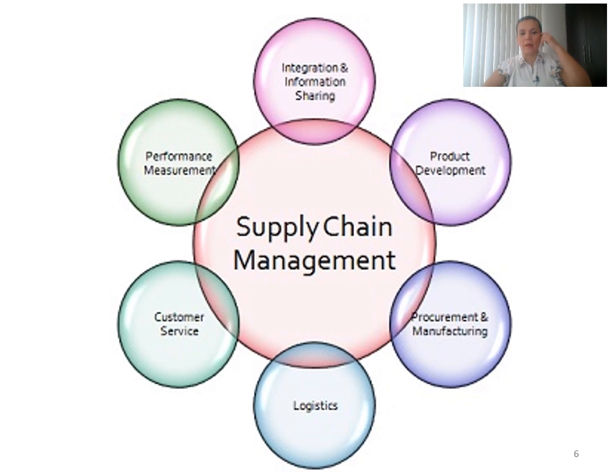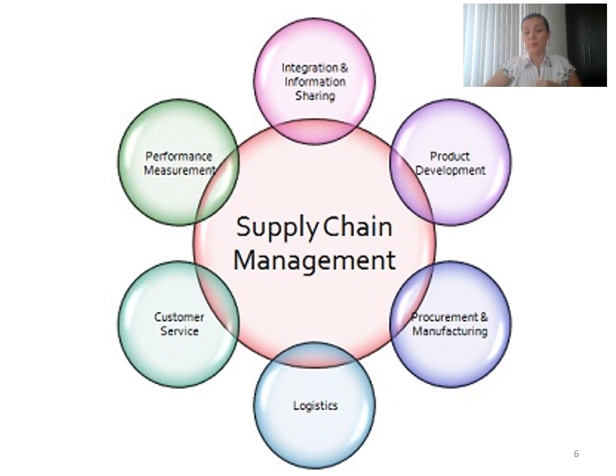So what are the components of supply chain management? As you can see in this graph, first you have integration and information sharing. In a very effective supply chain, the whole process is based on information sharing, which is key for all the parts and models to work well.